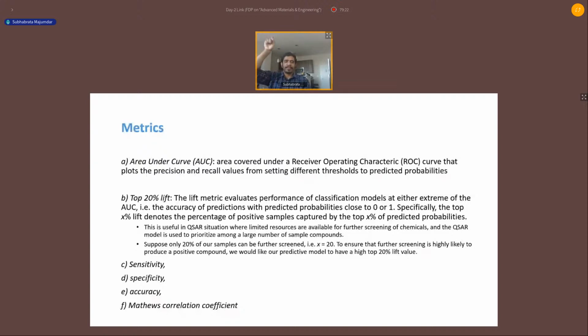You want them to perform well. You don't care about what happens elsewhere in other test compounds. You just want to make sure that the top test compounds you're selecting are highly likely to succeed and actually be useful for your purpose. That's what this metric measures. And there are also a bunch of other well-known metrics that we use.